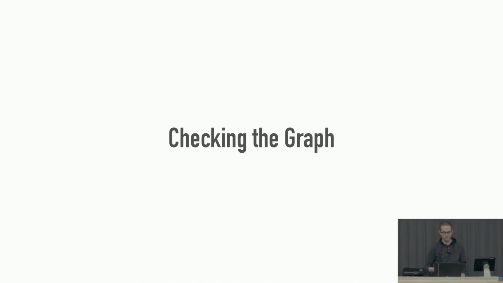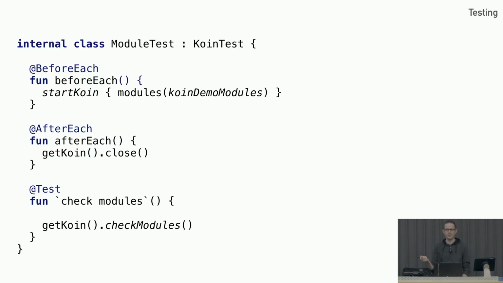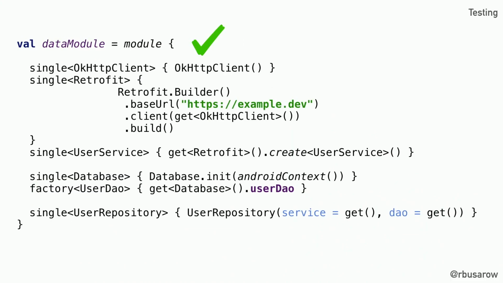So the final thing is checking the graph. Everybody talks about the compile time safety of Dagger, and that's really great. It's great that you cannot build anything without all the dependencies that you need, except for when that doesn't work. But you can do that with Koin too, something that people don't really seem to know. There's a function called checkModules, and it does exactly what it sounds like it does.